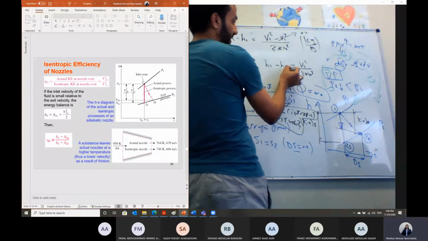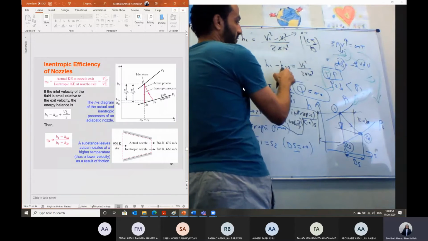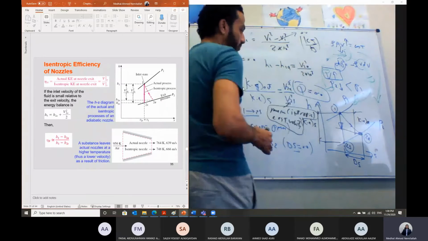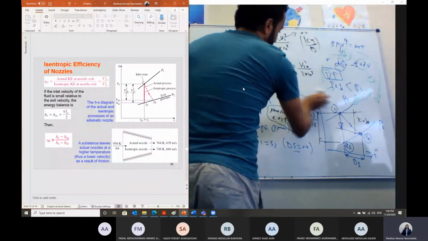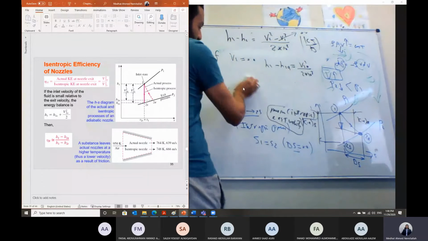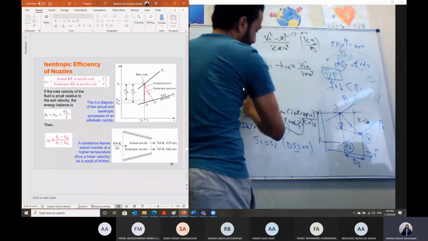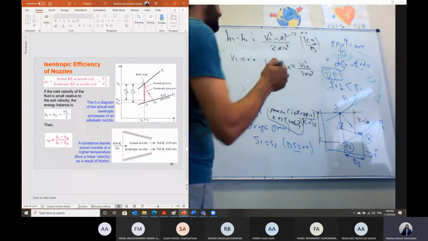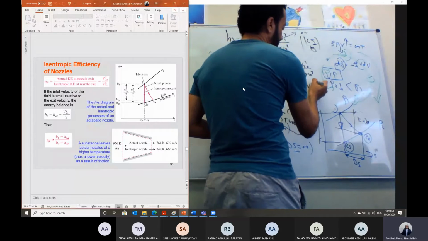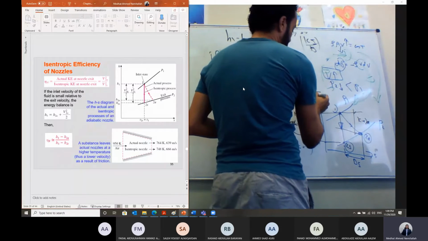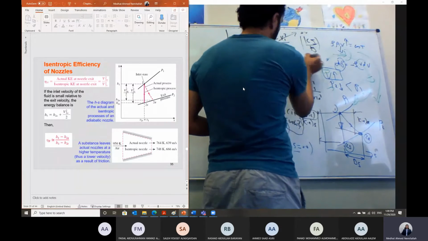If we are talking about actual exit point, this will be H1 minus H2 actual equal to V2 actual squared divided by 2. If we are talking about the isentropic process from 1 to 2s, then we can apply the same equation, H1 minus H2s will equal to V2s squared divided by 2.